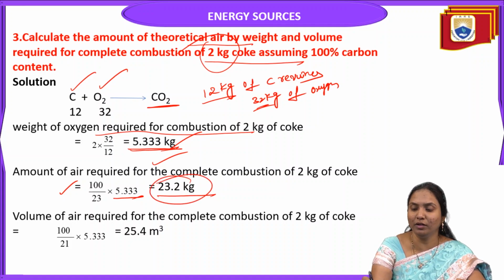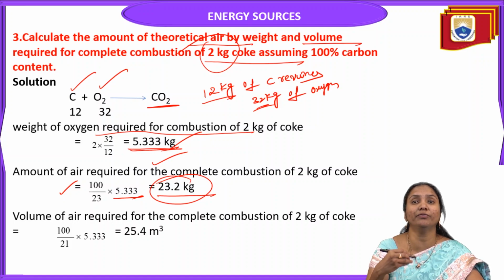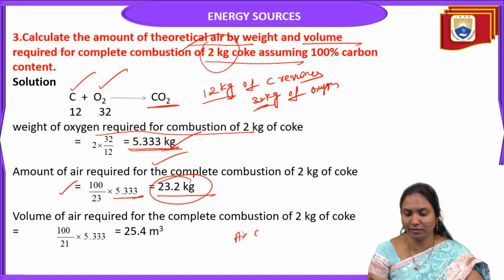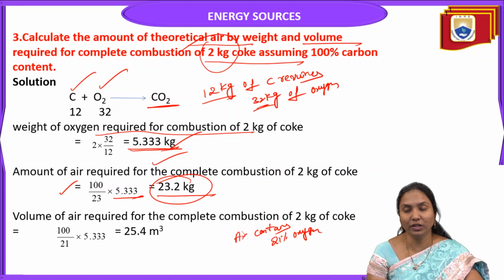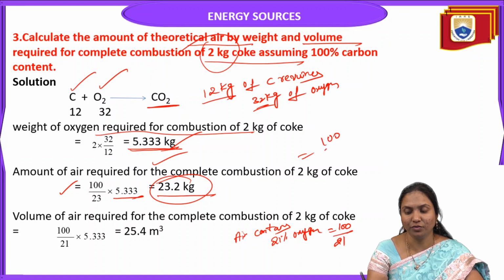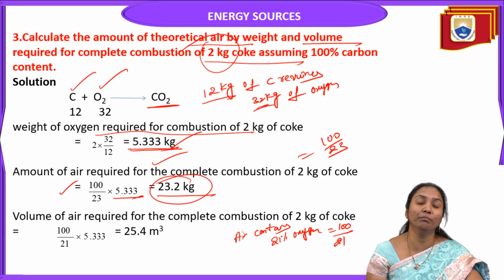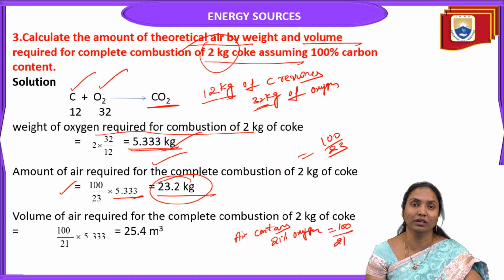In the problem, the amount of air required by volume is also asked. So the volume of air required for complete combustion of 2 kg of coke: air contains 21% oxygen by volume, so we write 100 by 21, whereas by weight we wrote 100 by 23.